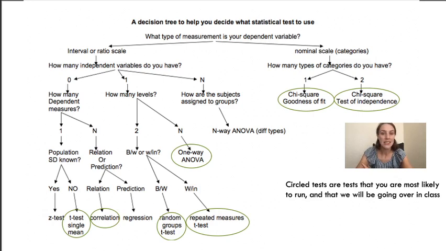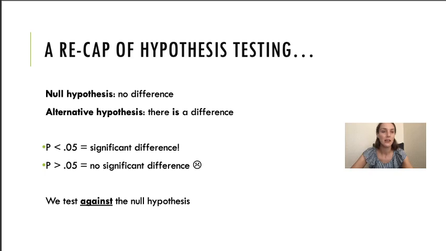We will talk about t-tests, ANOVAs, correlations, and chi-squared tests. There are, of course, others, but these are the most flexible and will address most of our hypotheses here. So hopefully this helps you sort through some of the elements of decision making in this process.